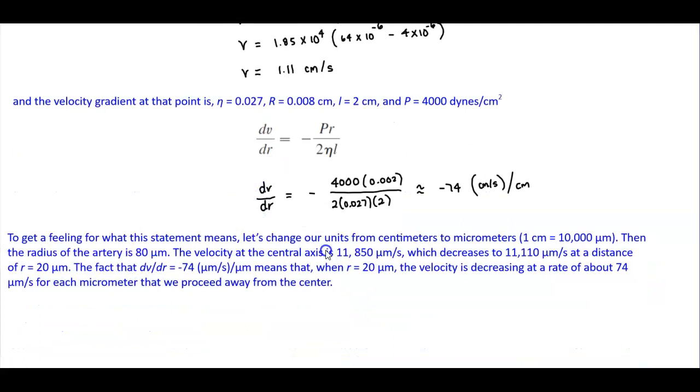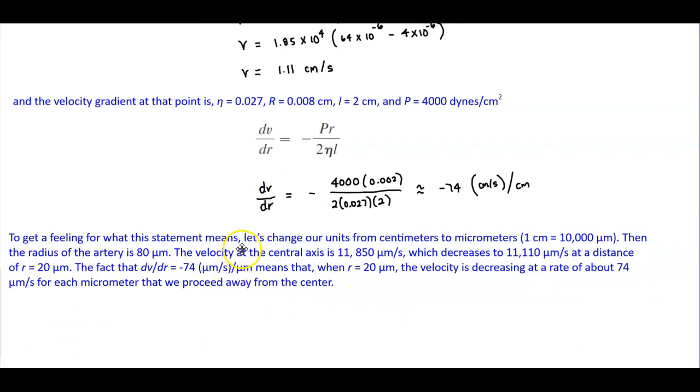To get a feeling for what this statement means, let's change our units from centimeters to micrometers. 1 centimeter is equal to 10,000 micrometers. Then the radius of the artery is 80 micrometers. The velocity at the central axis is 11,850 micrometers per second, which decreases to 11,110 micrometers per second at a distance of r equal to 20 micrometers.